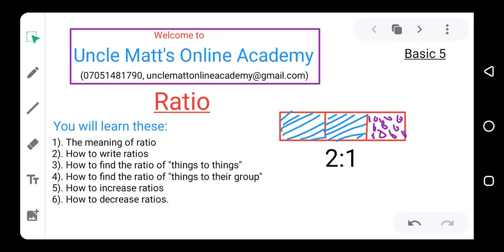So we are going to look at the meaning of ratio. You are going to understand what ratio is all about at the end of this lesson. So I say that we have tens to tens and tens to their group. What I mean by tens to tens is, if I want to compare orange and mango, that is different things.